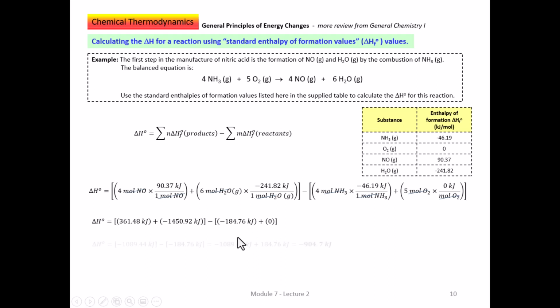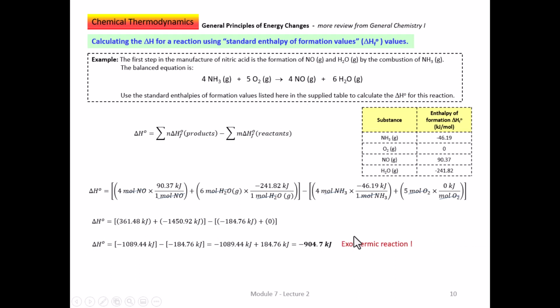What this then looks like is the sum in this first bracket is minus 1089.44. The sum in this bracket is minus 184.76. And remember, we're subtracting what's in the second bracket. So in effect, minus times minus is a plus. So we end up with minus 904.7 kilojoules for the overall delta H under standard conditions for this reaction.